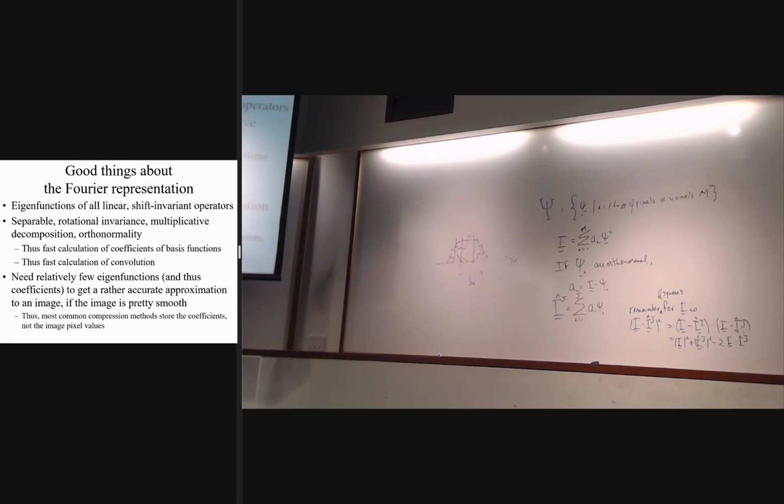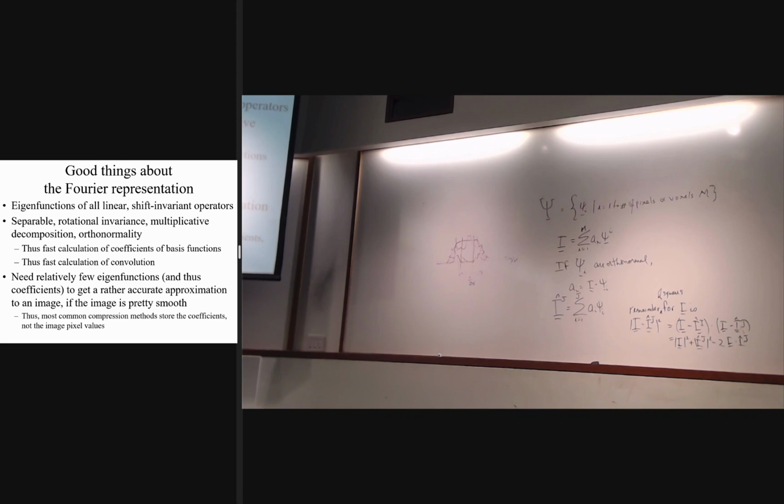Okay. We've been talking for a long, long time about using the eigenimages, which I sometimes in the slides call eigenfunctions, of shift invariant linear operators as basis images. What is good about them?